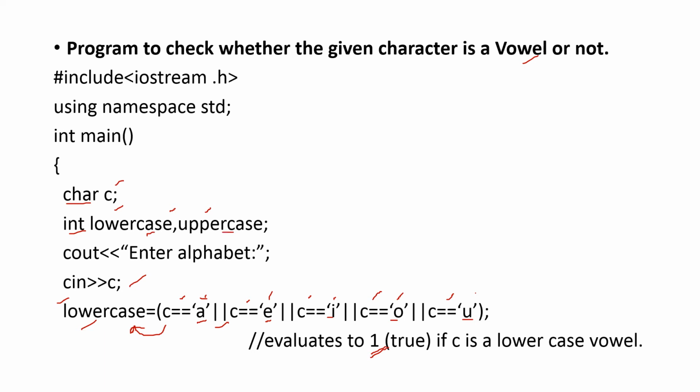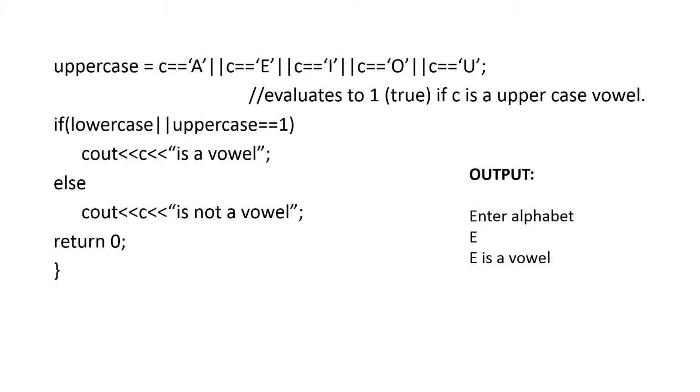So let's see the next statement. Uppercase is equal to: c is equal to capital A, capital E, capital I, capital O or capital U. They are separated by or. Here capital letters are used, and for lowercase, small letters are considered.